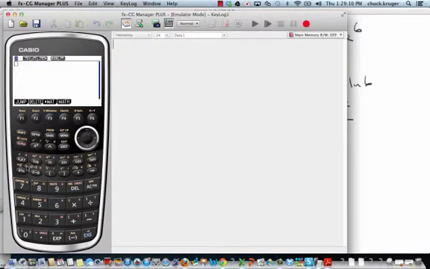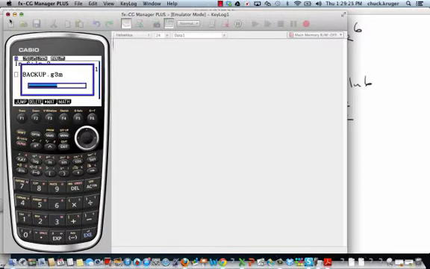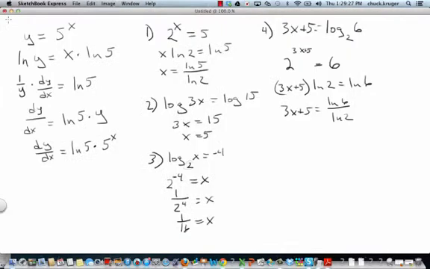The natural log of 6 divided by the natural log of 2 is approximately 2.585. So I have 3x plus 5 is 2.585.